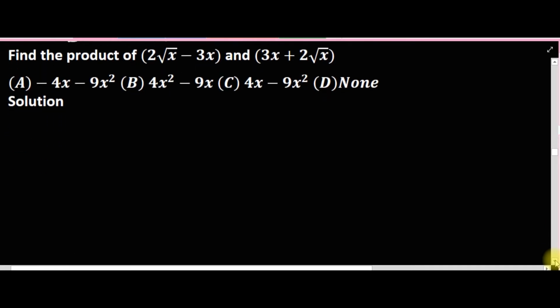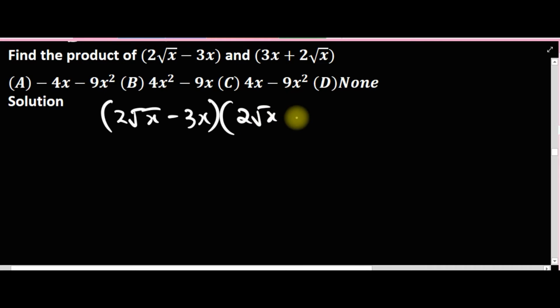So we are asked to find the product of this and this. We can write this as 2 root x minus 3x times 2 root x, so that you picture it. Or if you multiply that, it will waste time. Addition is commutative, so we just changed.